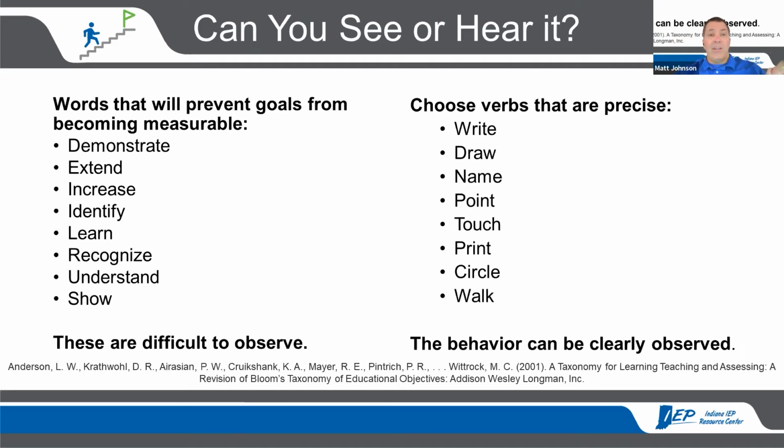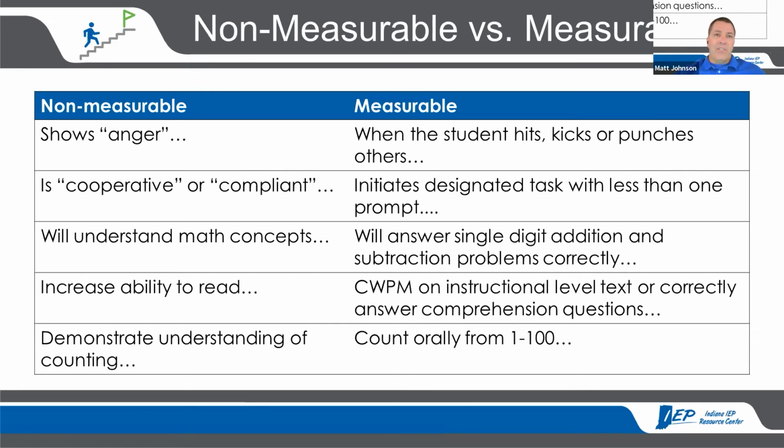So the challenge here, and I'll move on to this next slide, is, as we set up the goal, think about how we make behavior observable. We have to be able to see it or hear it to make sure it's measurable. Remember that.